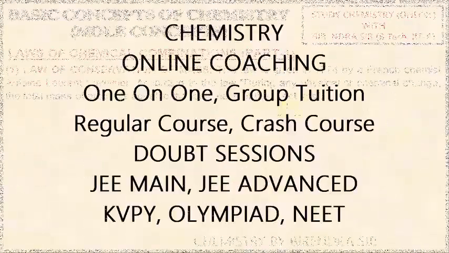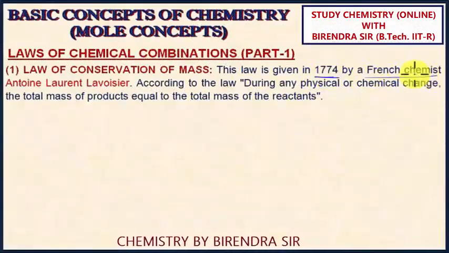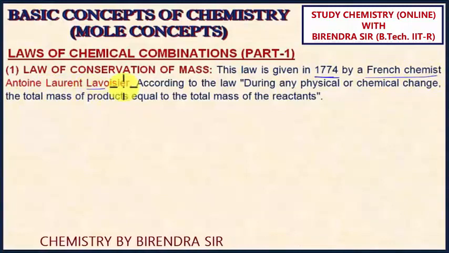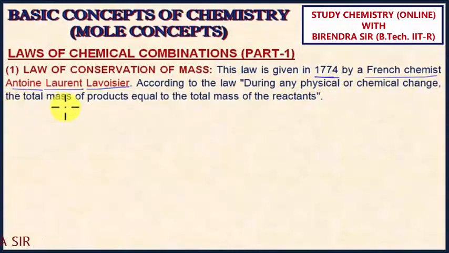This law was given in 1774 by a French chemist, Antoine Laurent Lavoisier. According to the law, during any physical or chemical change, the total mass of products is equal to the total mass of the reactants.